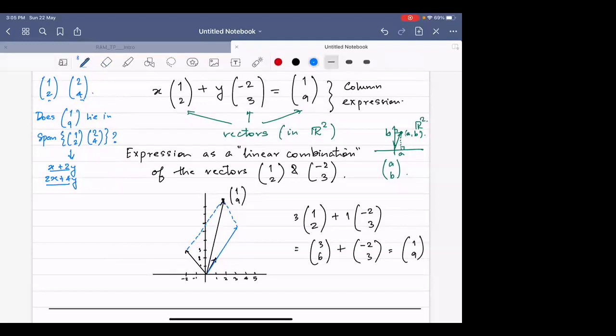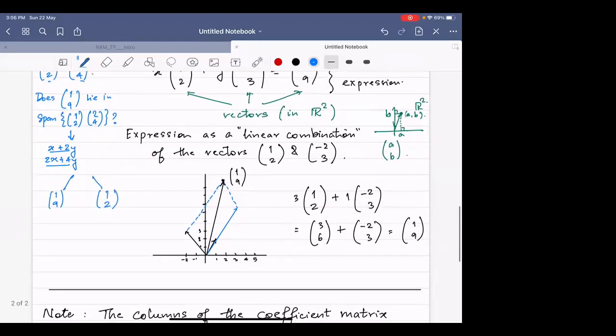The problem can occur both for (1, 9) as well as for (1, 2). The problem for (1, 9) will occur because 9 is not 2 times 1, so it doesn't even make sense here.